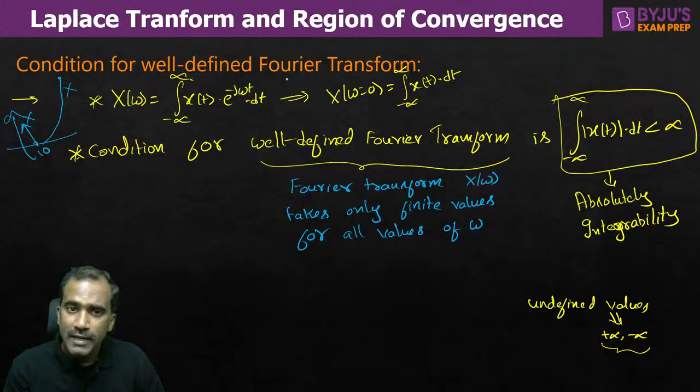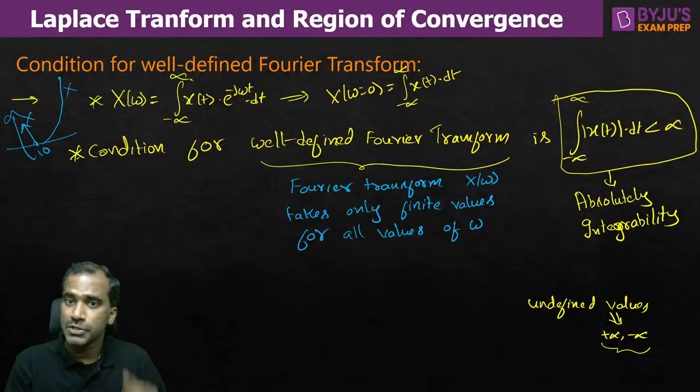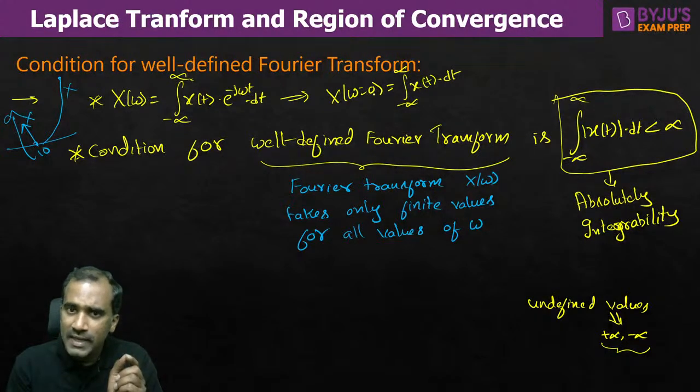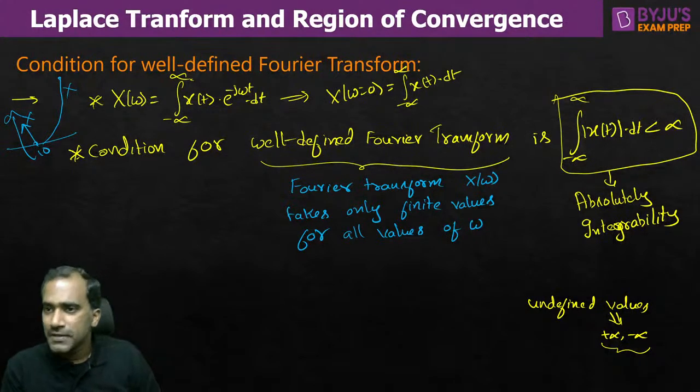The Fourier transform has infinite values of omega, but at one value of frequency, omega equal to 0, its value turns out to be the area of the signal. If the signal satisfies this condition, only then this value will be finite. If it does not, the area is infinite, which means at omega equal to 0 you have an infinite value, which is undefined. Can we say that it is not well defined?